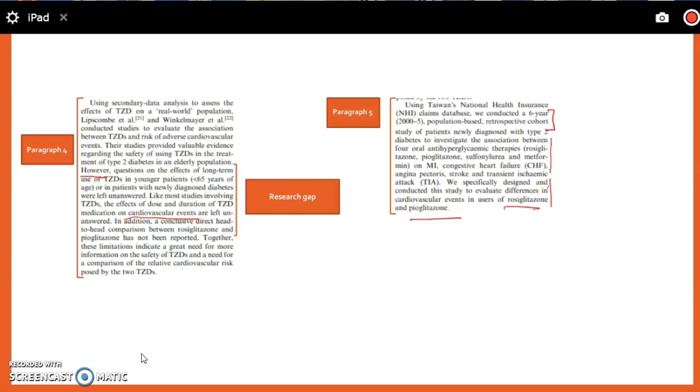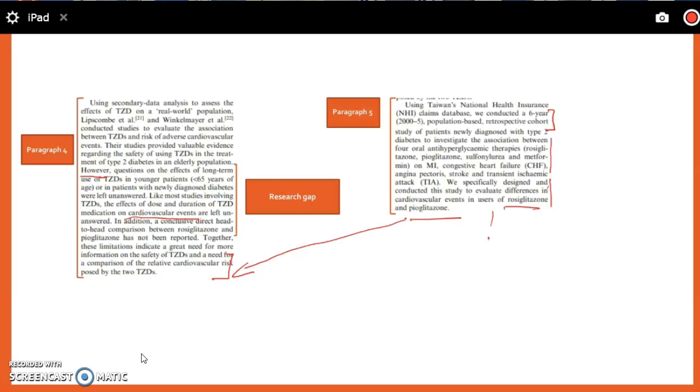Remember, right here, they actually mentioned that, gee, this hasn't actually happened yet. Nobody has looked at the comparison of these 2 TZDs. Guess what? We're doing it. So again, great setup in the knowledge gap section on addressing how these authors are actually going to answer that question. Okay?